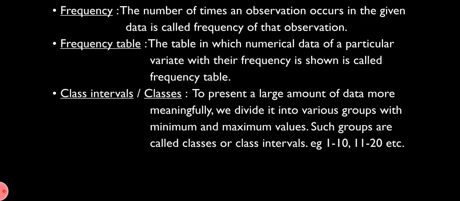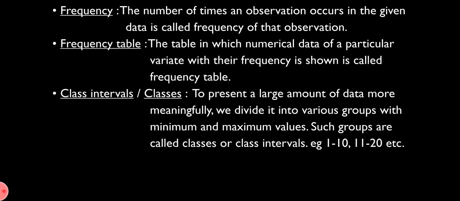looking at the given data. These classes and class intervals are related to a large amount of data. It means we are not taking, suppose, 50 students or 100 workers in a factory, but a large amount of data. Suppose you want to talk about a city, how many males, how many females, how many children are there.